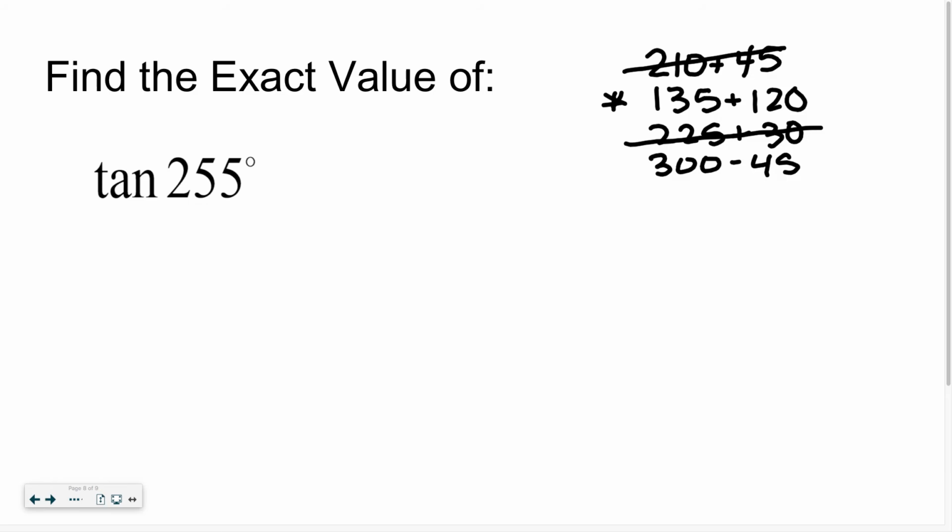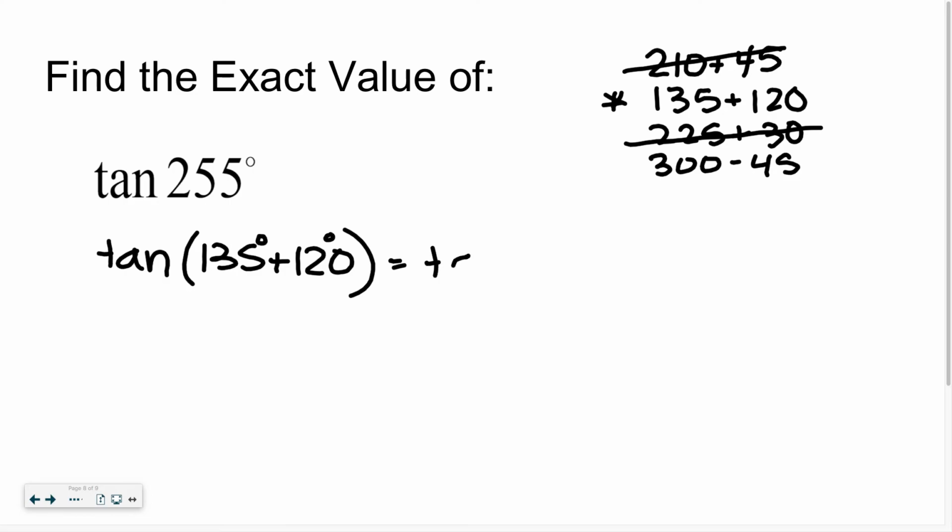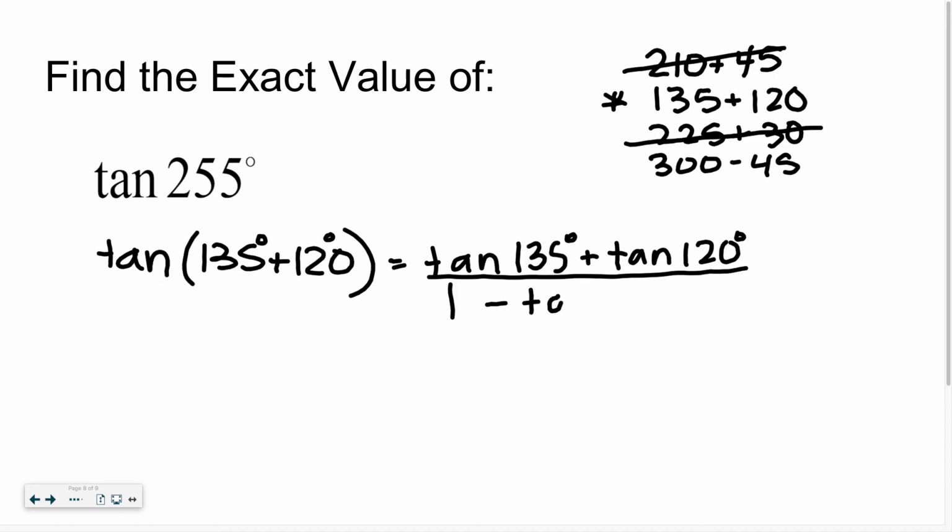135 and 120. So this is going to be the tangent of 135 plus 120 degrees. We're avoiding using square root 3 over 3. So I'm going to do the tangent of 135 plus the tangent of 120 all over 1 minus the tangent of 135 times the tangent of 120.